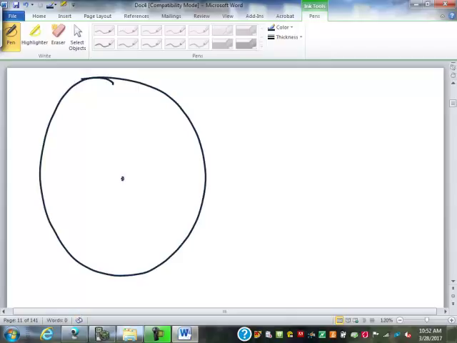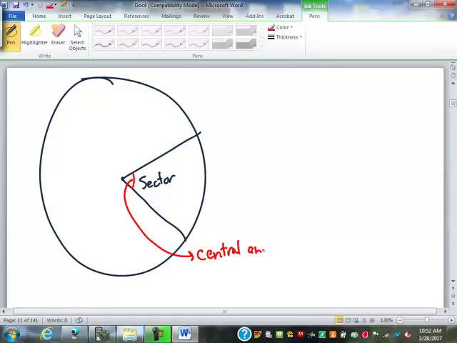We also talked about a pie wedge, which is called a sector. The size of that sector is determined by the radius of the circle and this angle here, which is called a central angle. It's called a central angle because its vertex is at the center of the circle.